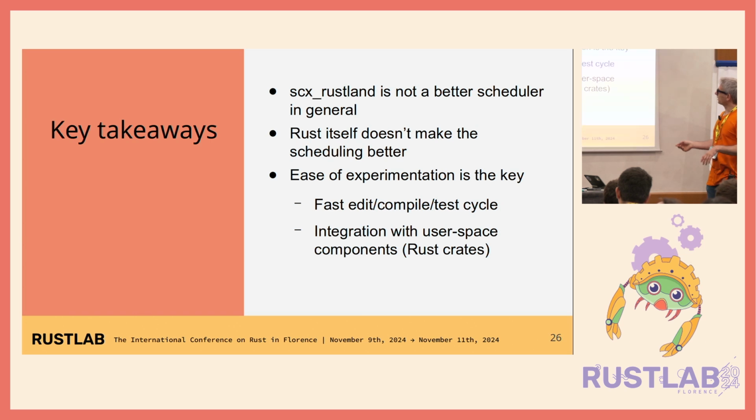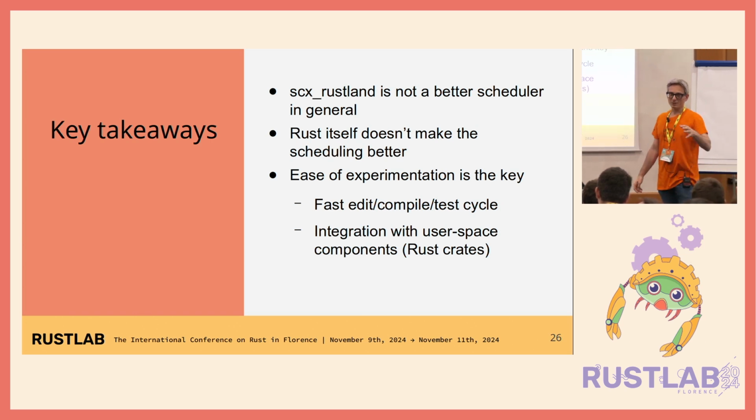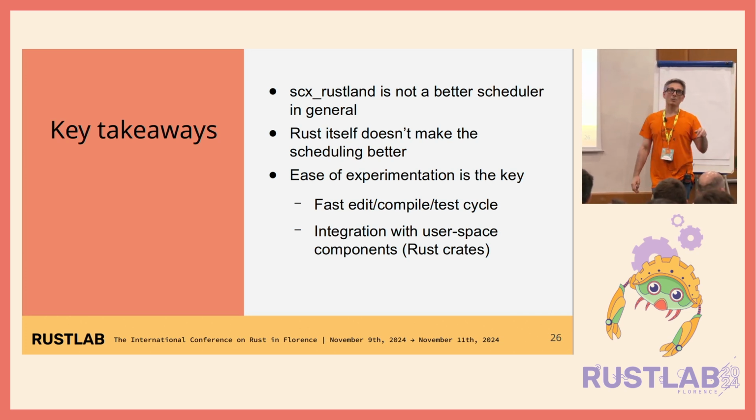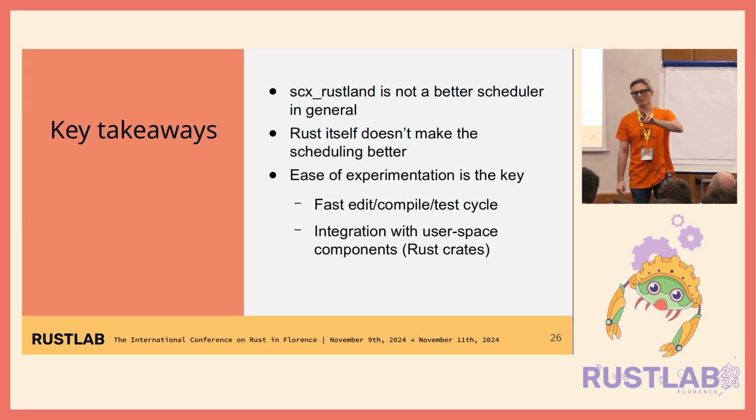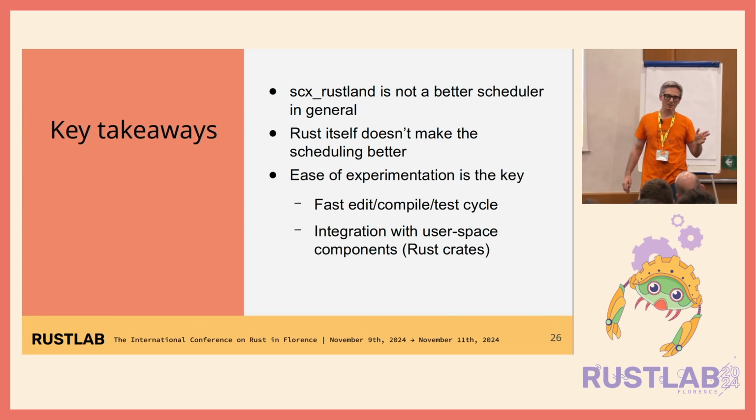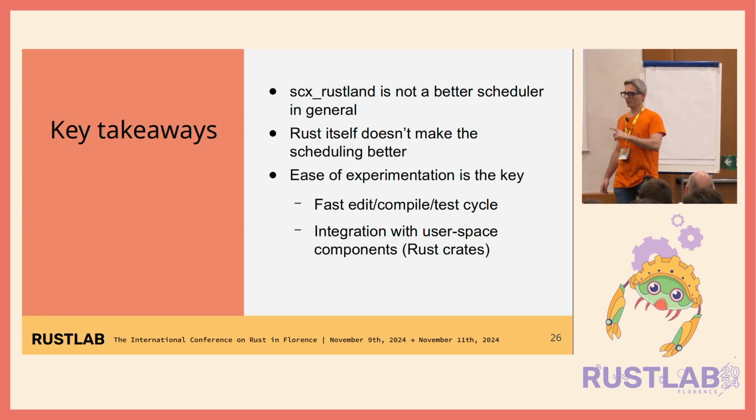So, conclusion. Is rustland a better scheduler? No, definitely not. It works for that specific workload, for that specific scenario. Actually, it ended up working really well for databases for some reason. I ran the Phoronix benchmark, and you can see that the Postgres latency for reads and writes is improved by 30% plus compared to the default scheduler.